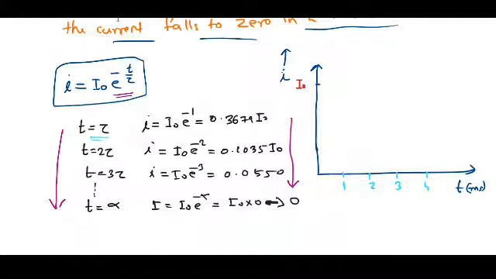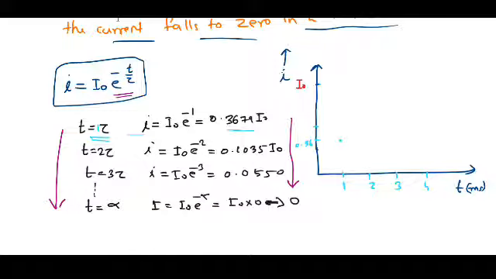When time t is equal to 1 tau, the current has decreased from the maximum to 0.3679 I0. If it is I0 here, then this will be below 0.5 of I0, approximately 0.3679. Then approximately our graph's first point will be here.